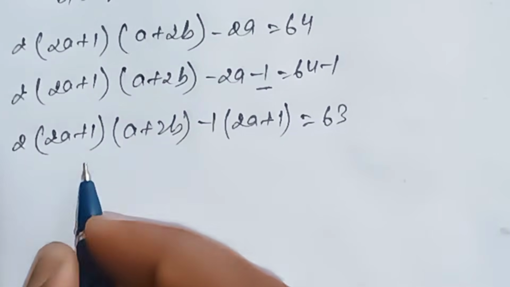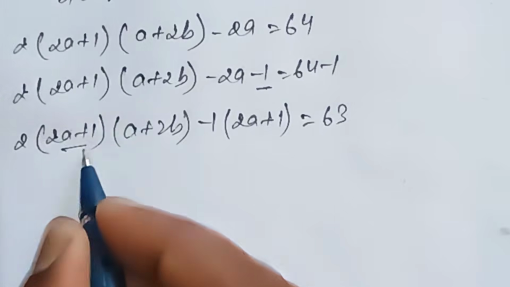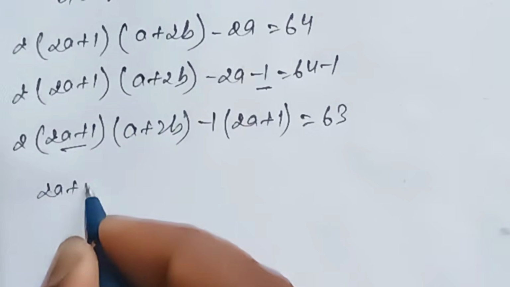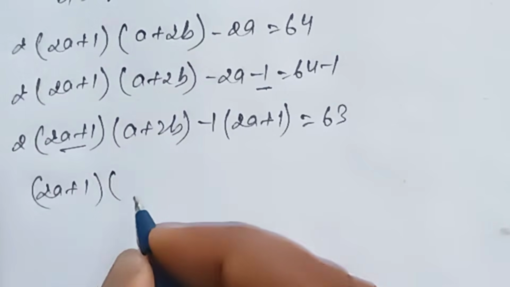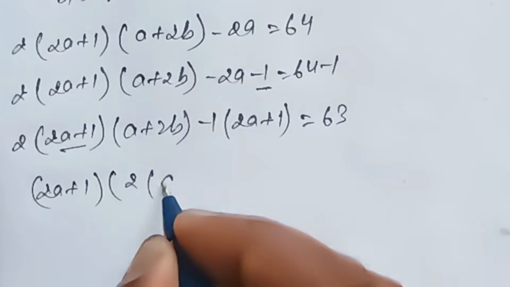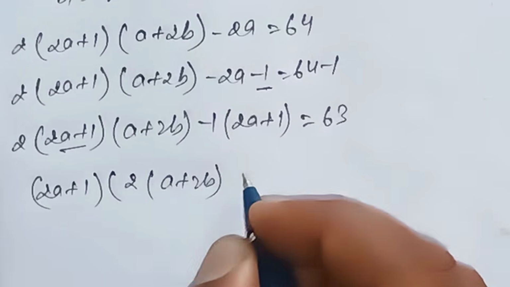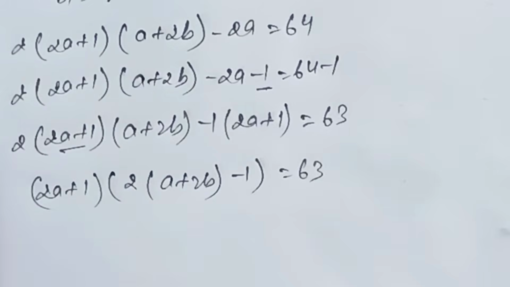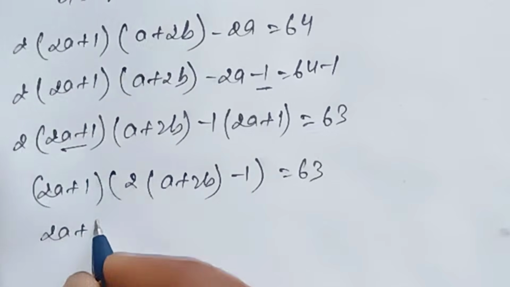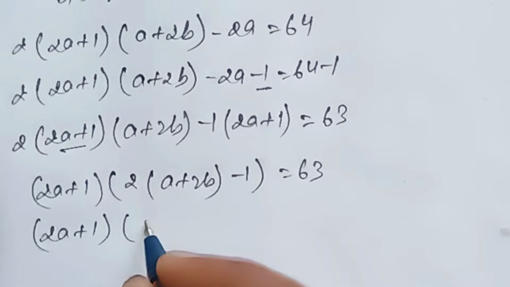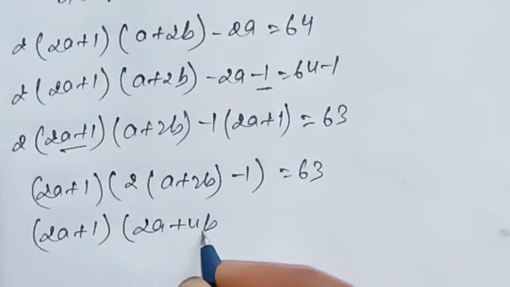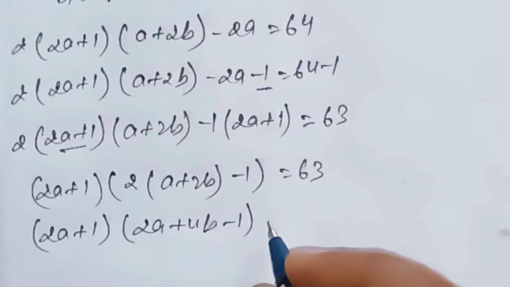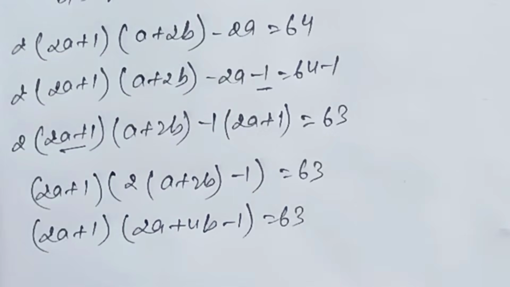After that, (2a plus 1) into 2(a plus 2b minus 1) is equal to 63. So (2a plus 1)(2a plus 4b minus 1) is equal to 63.